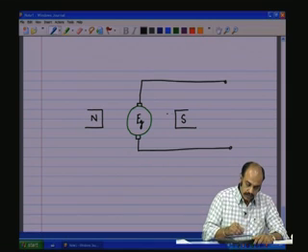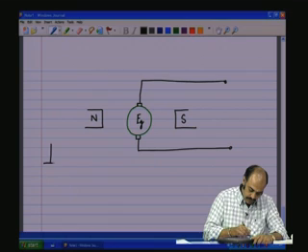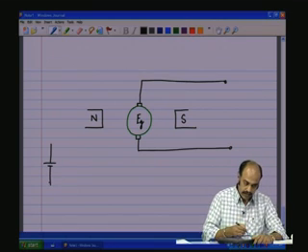Now, these north south poles are generated from, let us say, a separate voltage source, let us say a battery.